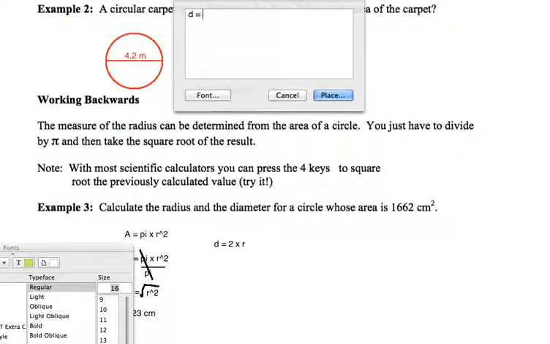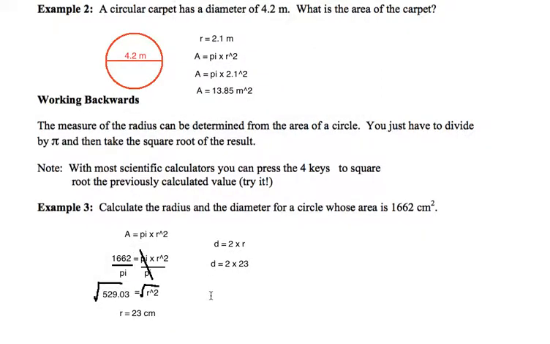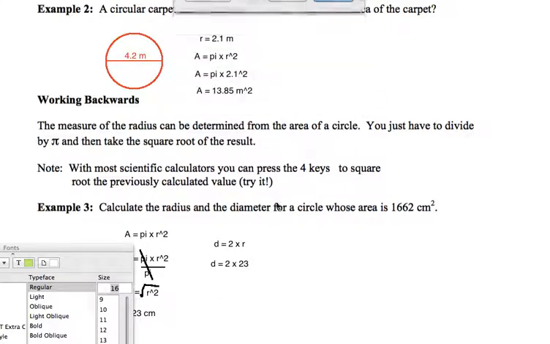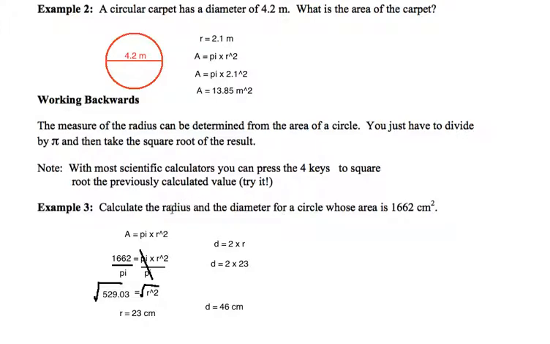And that means that diameter is equal to 2 times 23, and that means that the diameter is equal to 46 centimeters. So that's my answer. I've answered both questions. Calculate the radius and the diameter for a circle with that area.